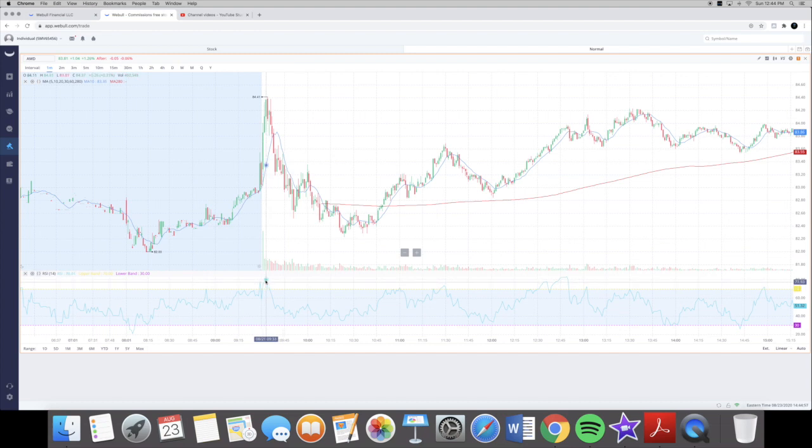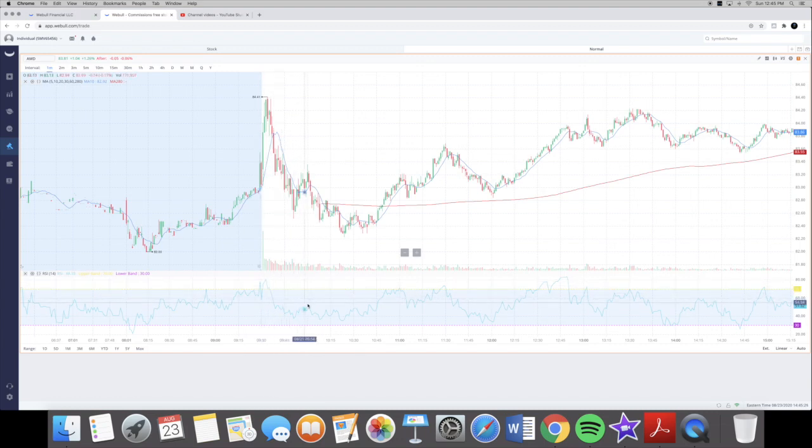Every time you see the stock over the 70 line, that means it's overbought. A lot of people have been buying it, so it's not at a great price at the moment. It's not a good time to buy if you want to make profit. Being here doesn't mean you could not make profit, because you saw here it went up, but it means you're buying it at an expensive price at that moment.